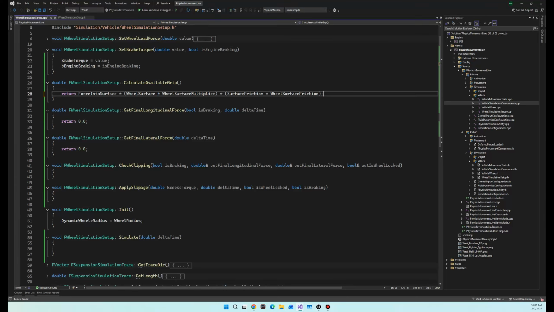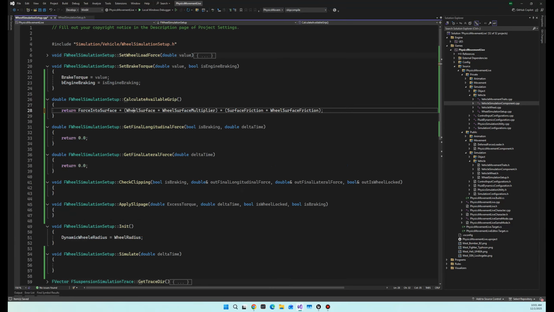The available grip is a combination of force into surface. Again, this is coming from the ray cast. This is the amount of force going in the z direction that is being exerted on the tire, so this is a value that will be coming from the suspension system. This is the wheel surface multiplied by the wheel surface multiplier.